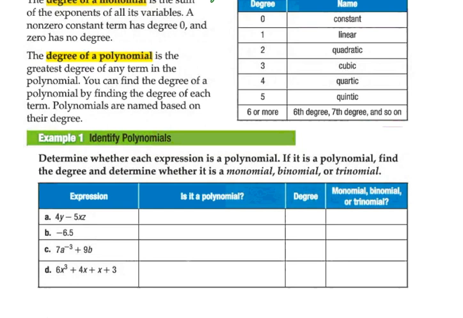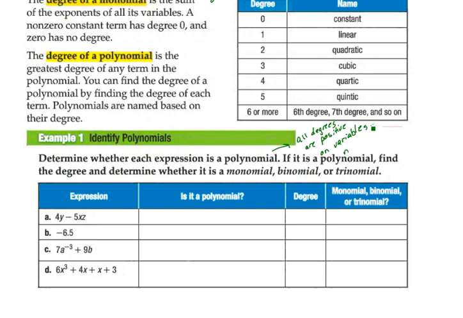Okay, one of the only rules that we have to look at for whether it's a polynomial is that all degrees on variables are positive. Really the only thing we have to look at, okay?